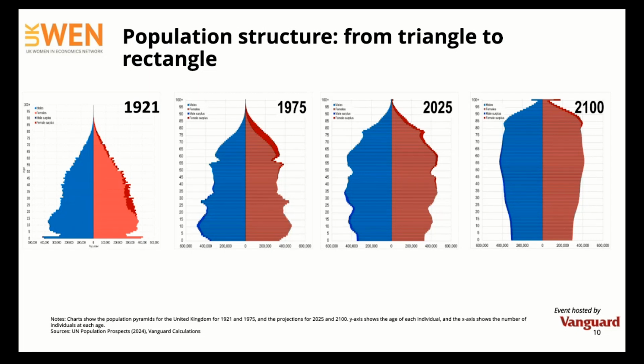It shows every bar going horizontally across, shows the number of people at each age group, and at the bottom of the chart, you have the youngest age groups, and as you go up, you have people who are up to whatever, 90 years old, and you can see that the bars get smaller and smaller, and that basically shows the aging pyramid. That back in 1921, given the birth rate, given net migration, and given the death rate, we had lots of people who were young, and as you grow older, the share of that population was falling, and that's why you get the pyramid.